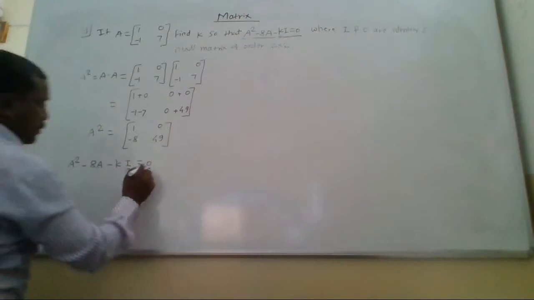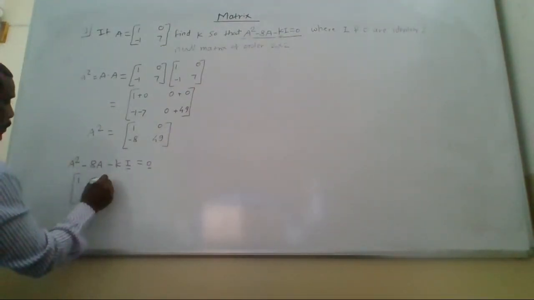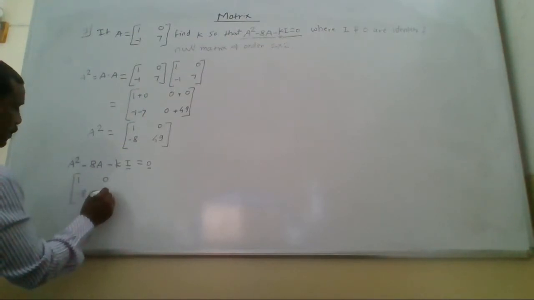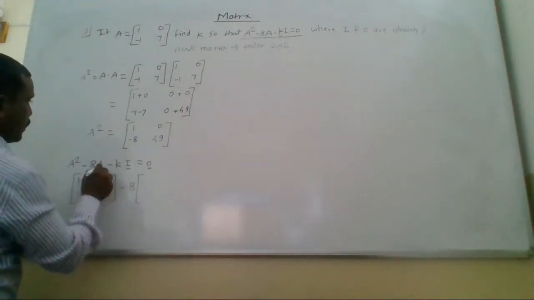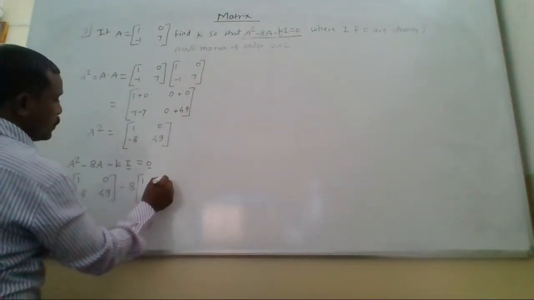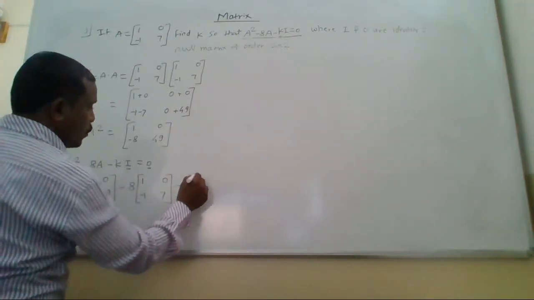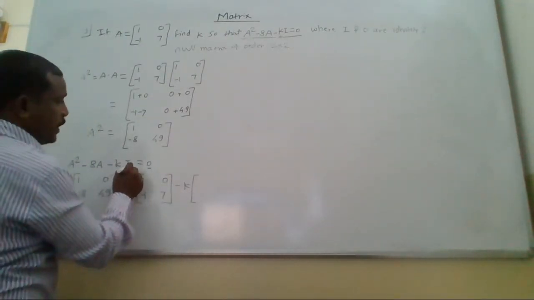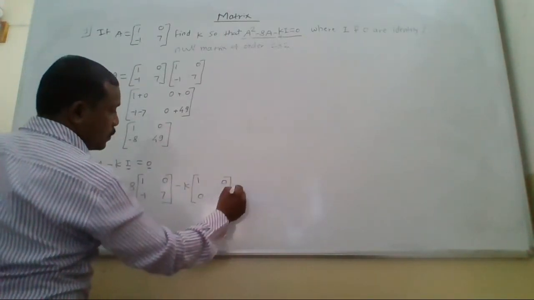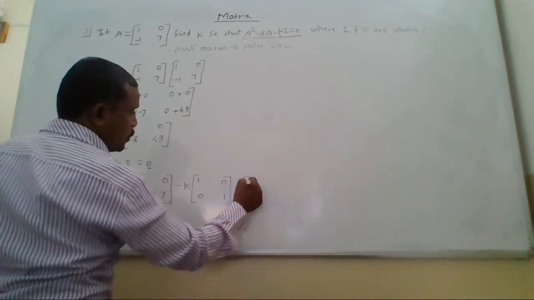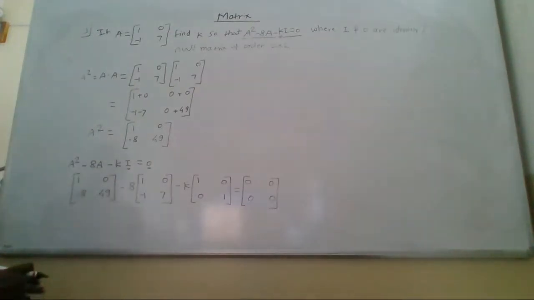So therefore we can write A square [1 0; -8 49] minus 8, which is any number, into A [1 0; -1 7], minus K into I, where I is the identity matrix of order 2 by 2, [1 0; 0 1], equal to the null matrix [0 0; 0 0], null matrix of order 2 by 2.